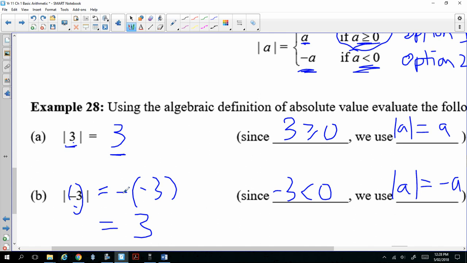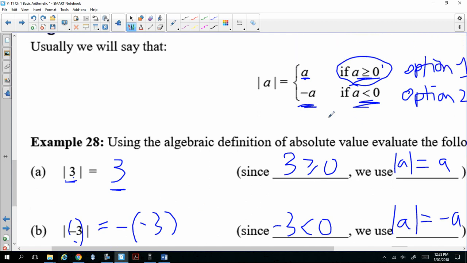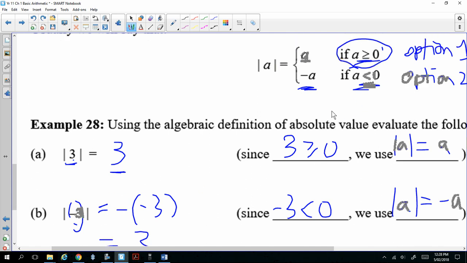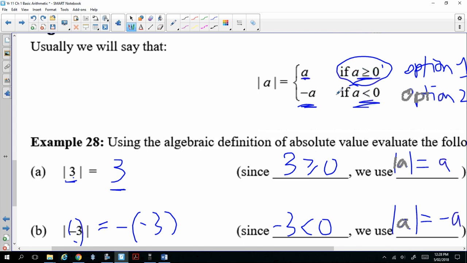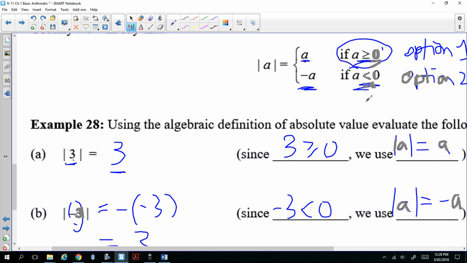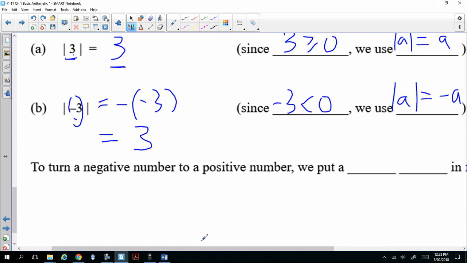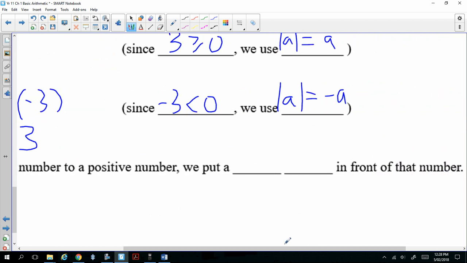Alright, so you need to be able to write things this way. So in the next few examples, we're going to practice writing this definition. Absolute value A having two options: A if it's positive, negative A if A is negative. So to turn a negative number to a positive number, we'll just put a negative sign in front of that number.